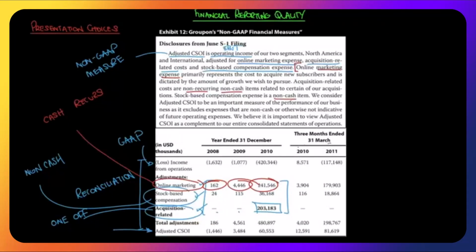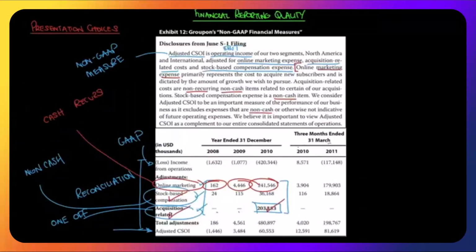We consider adjusted CSI to be an important measure of the performance of our business, excludes expenses. Okay, so this is what they're saying CSI is. It's an important measure because, so they're justifying it. It excludes expenses that are non-cash. Okay, yes, it does. So, stock-based. Or otherwise not indicative of future operating expenses. Okay.